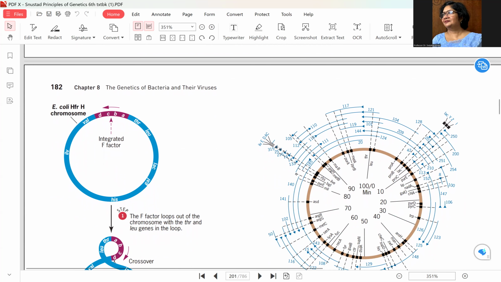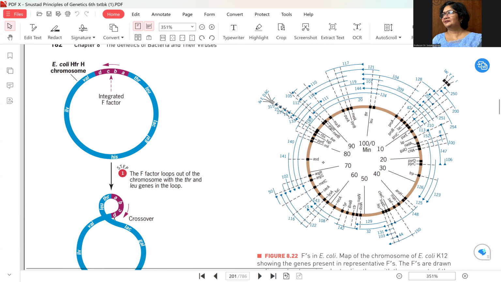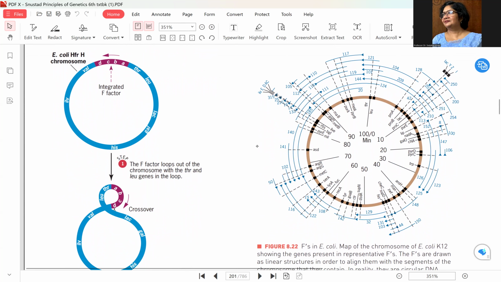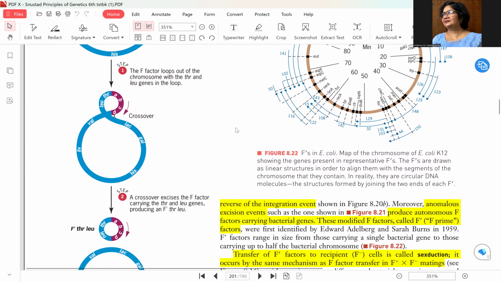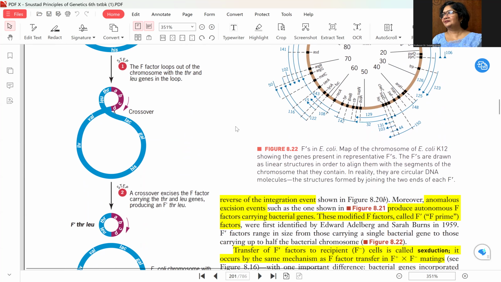So when the F factor becomes integrated into the bacterial chromosome, its sequence remains as a separate sequence in the host chromosome. In this diagram, you can see the F factor sequence as a purple sequence and the bacterial sequence as a blue sequence. Now, when the F factor detaches from the bacterial chromosome, we use the term excises from the bacterial chromosome.